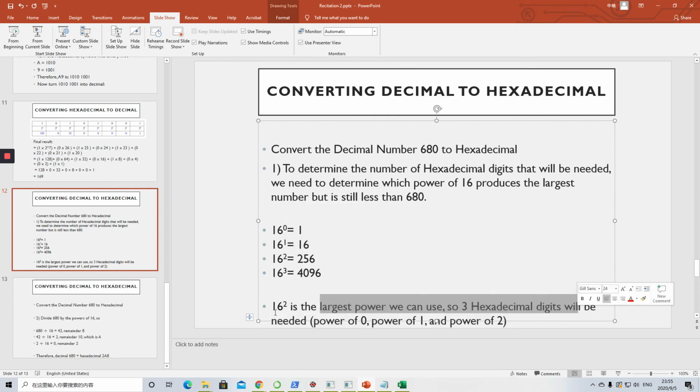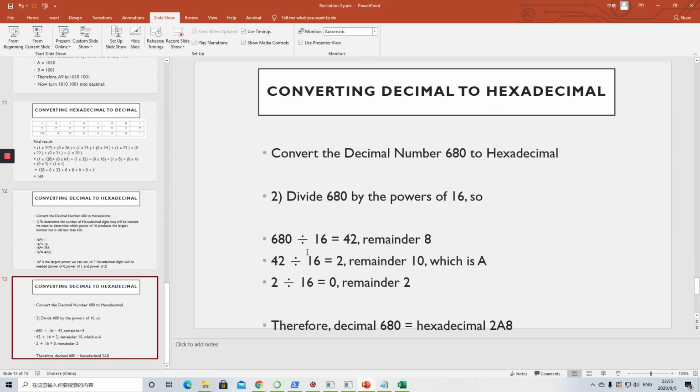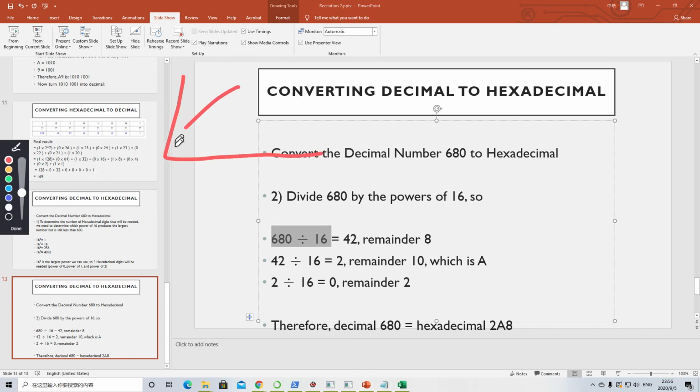Okay, and for the second step, we do something very similar to converting decimal to binary, but this time we divide the decimal number by 16 because we want a hex result. So we divide 680 by 16.